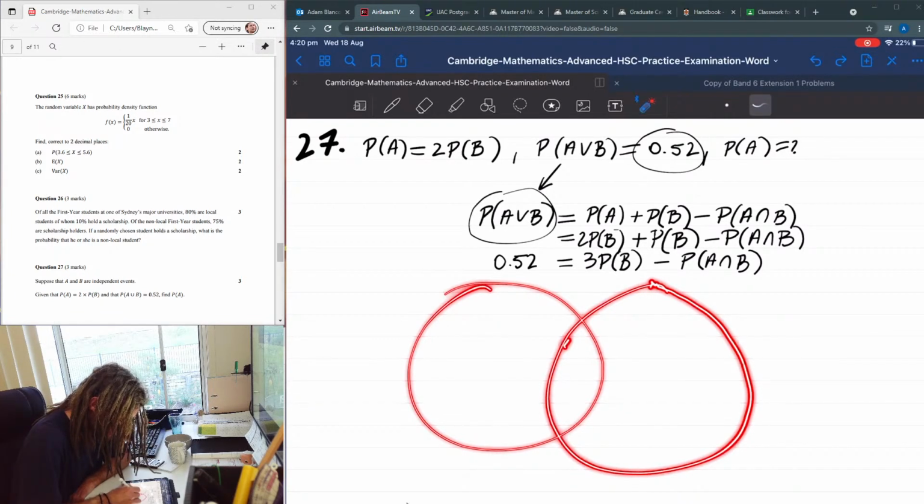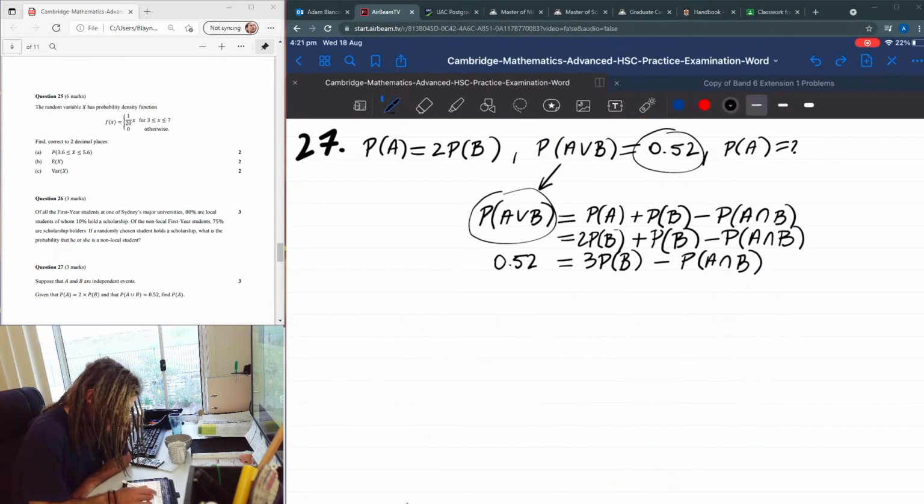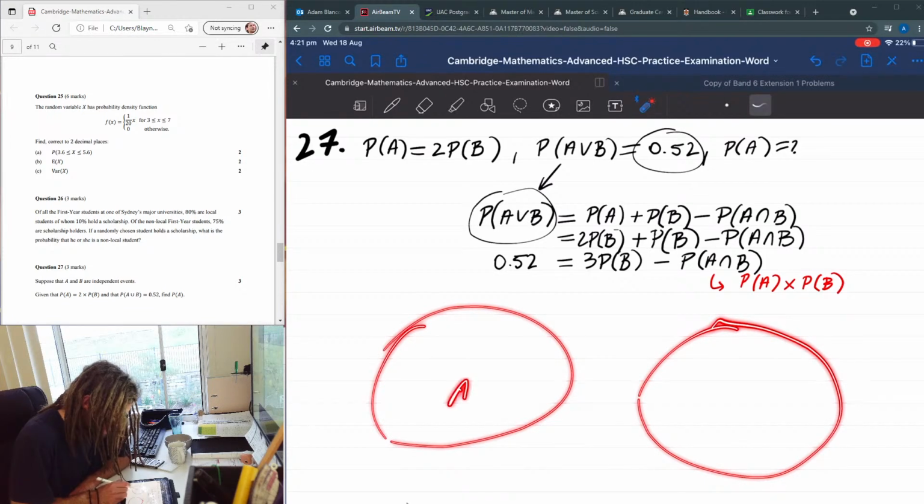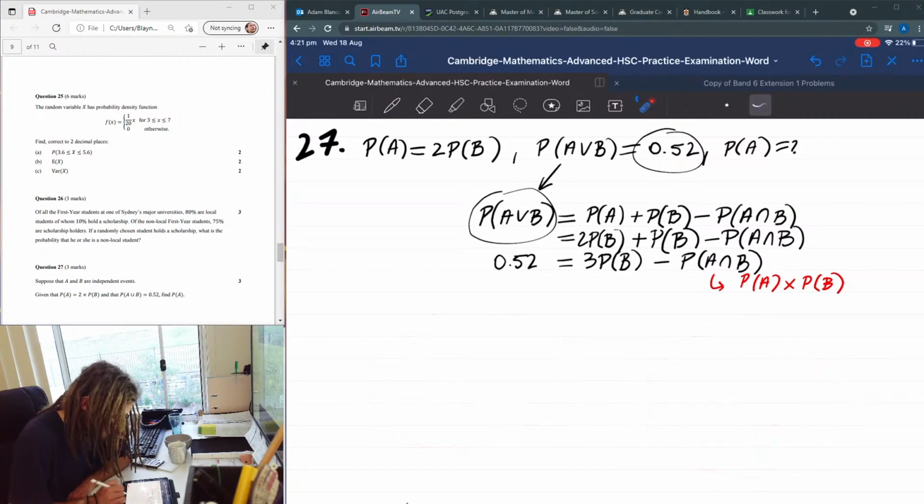One thing with independent events is that when they're independent, the probability of the intersection is equal to the probability of A times the probability of B.